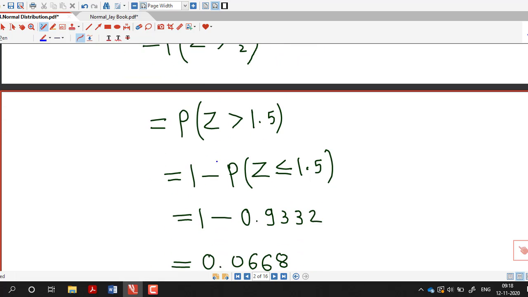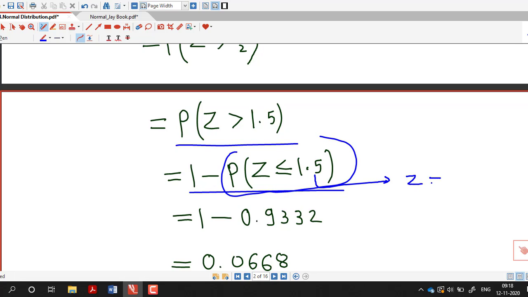3 by 2 is 1.5, and using this property, probability that Z is greater than 1.5 is 1 minus probability that Z is less than or equal to 1.5. Now in the normal table we have to look for Z equal to 1.5.